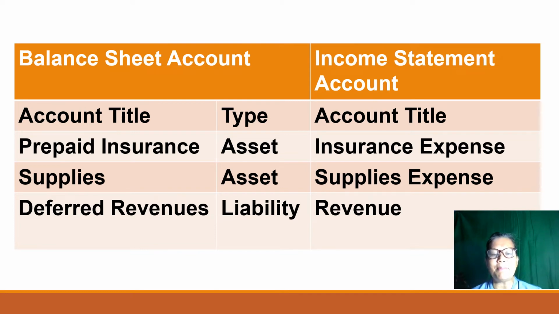So it depends upon your original entry. Meaning the asset account may be over or understated depending upon the method of recording your original entry or upon payment.